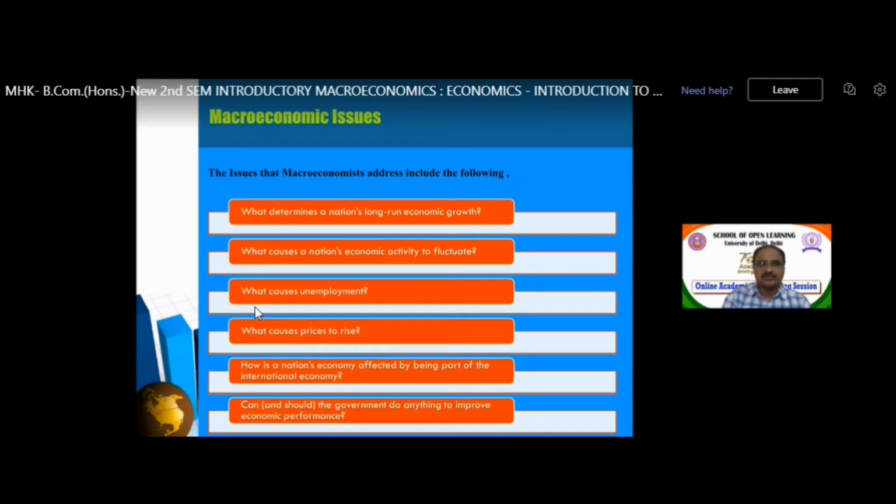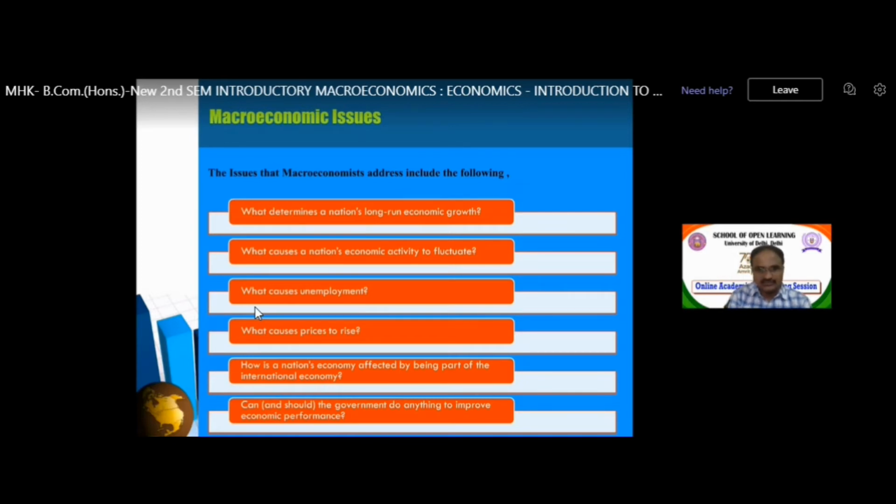Next, coming to the fourth concept, what causes prices to rise? Prices are increasing. In real life, you can observe the prices of goods and services before COVID-19 and after COVID-19.